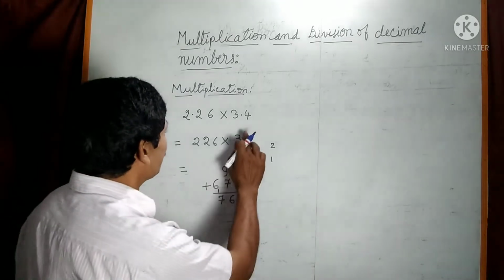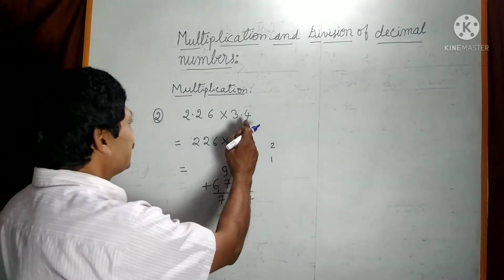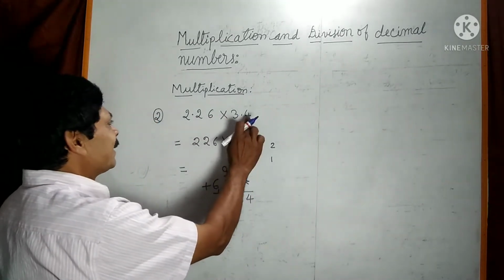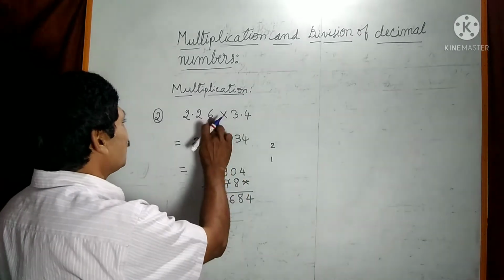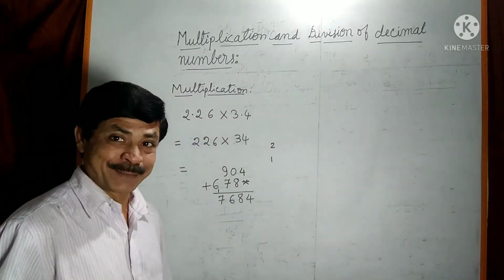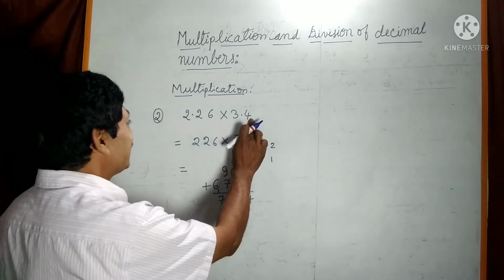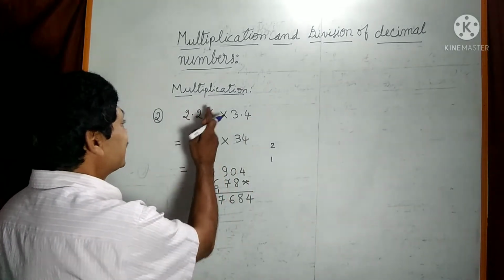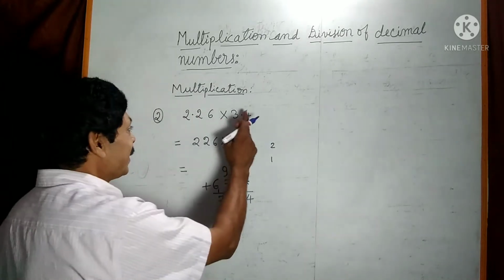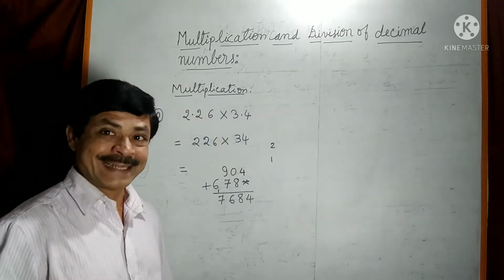Now we have to see here, there are 1, 2, 3 digits after the decimal point. Here 1 digit in the decimal part and here 2 digits in the decimal part. Total 1 plus 2, 3 digits.